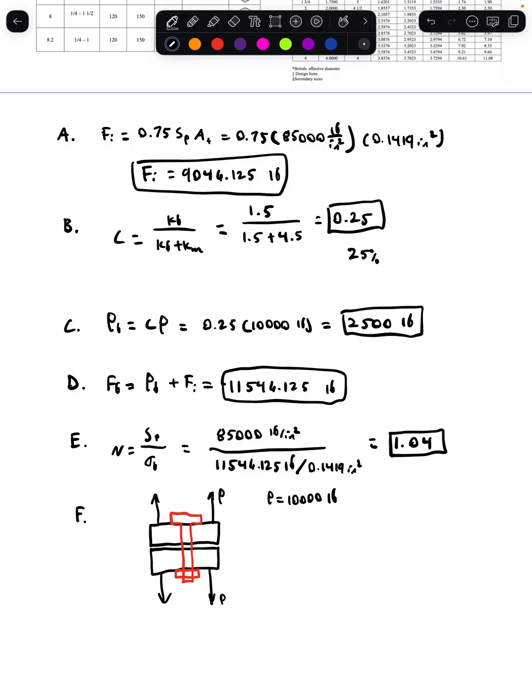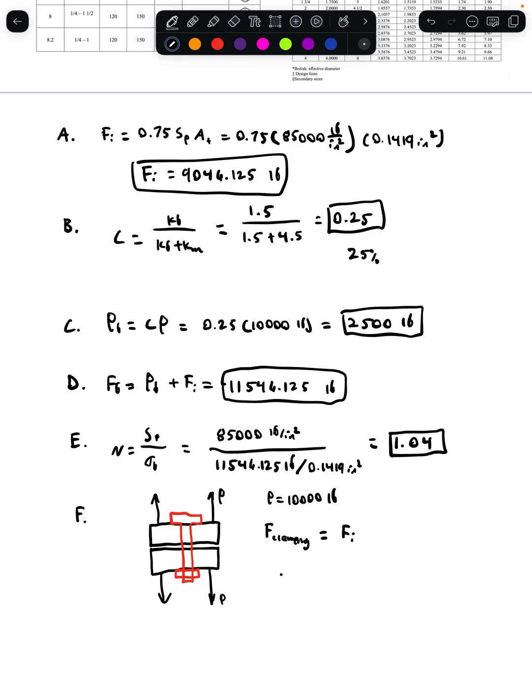So the actual clamping force that's holding those two plates together equals the bolt preload. And then we need to basically figure out, is the load carried in the members greater than the preload? And if it is, then this joint is going to separate. So what is the load carried by the members?